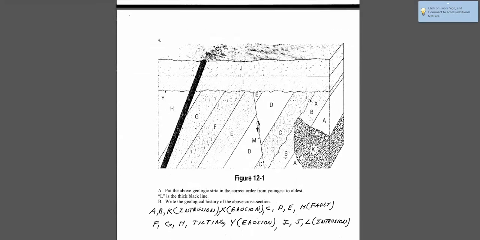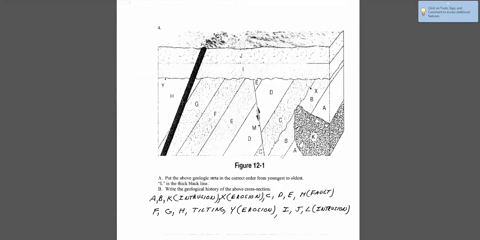Question number 4, again going through the different strata here, historical geology. A, B, you got K, then you got an intrusion going on, K with the intrusion, then you got some erosion, C, D, E, and then you have a fault line going right through, which would be M as the fault.